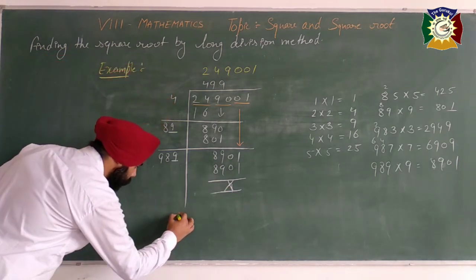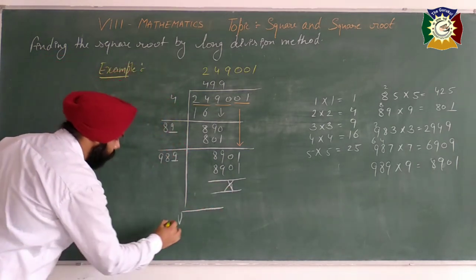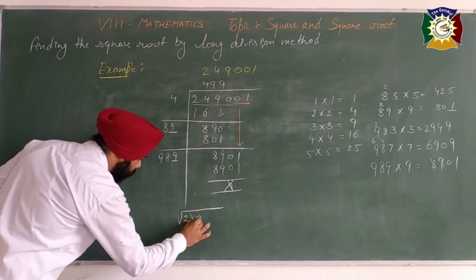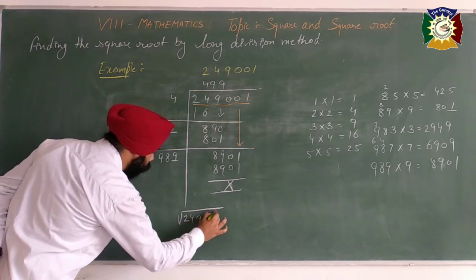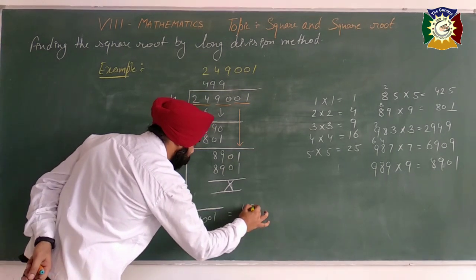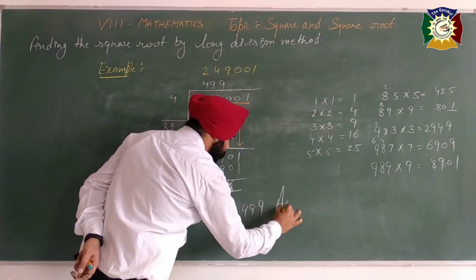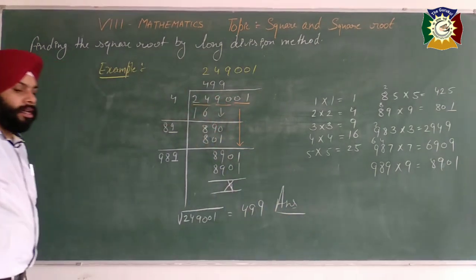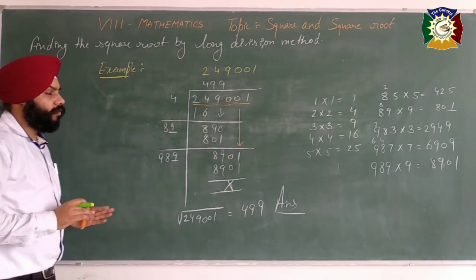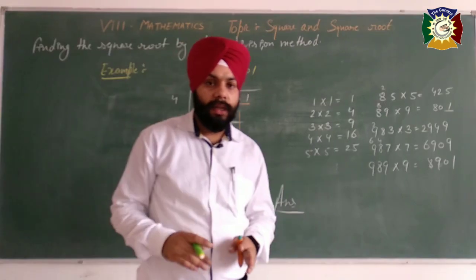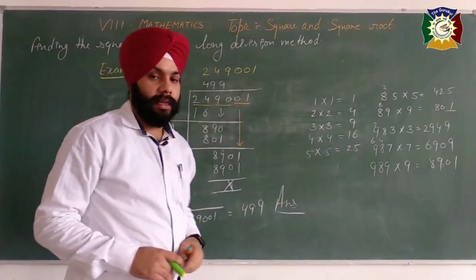Now we can say the square root of the given number 249,001, that is our question, is equal to 499. That's our answer. So this is the method to find the square root by the long division method.